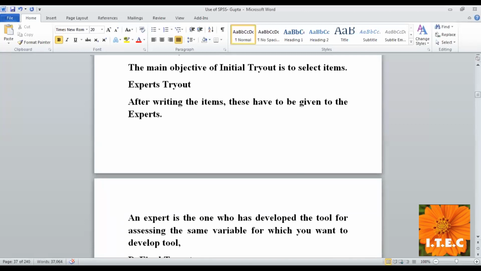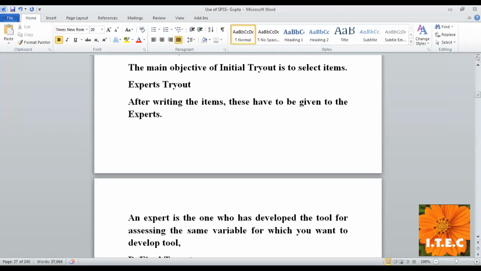Suppose you want to develop the tool for study habit, and you are developing the study habit inventory, and there is a person, his name is Mahmood Mukhopadhyay. Say he has developed the study habit inventory. Now, if you want, you can show your definition of study habit to him. So he becomes the expert.